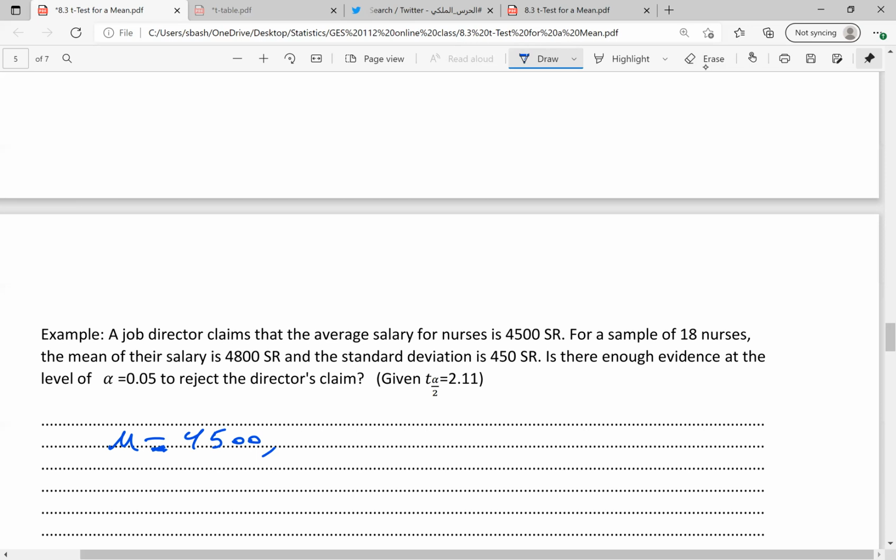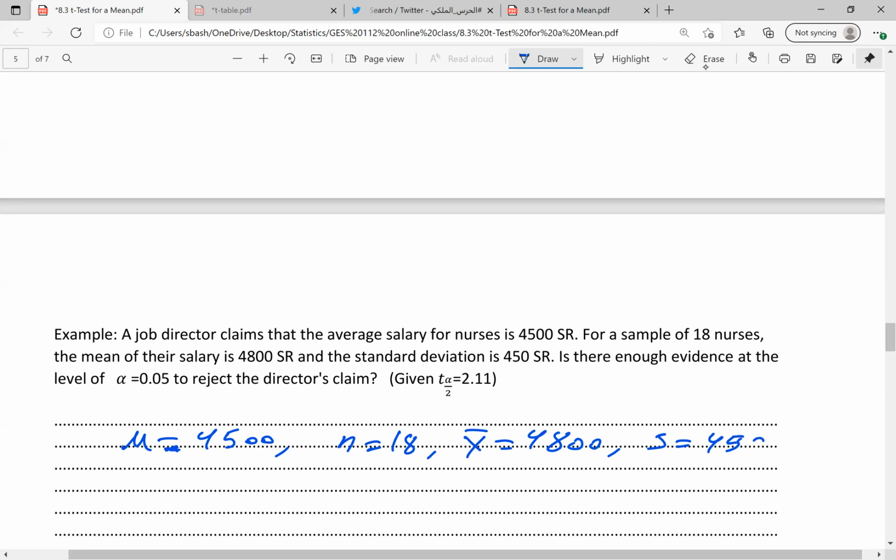For a sample of n equal to 18 nurses, the mean of their salary, this is X bar, equal to 4,800 Saudi riyals, and the standard deviation S of the sample equal to 450 Saudi riyals. Is there enough evidence at the level of alpha equal to 0.05 to reject the director's claim?